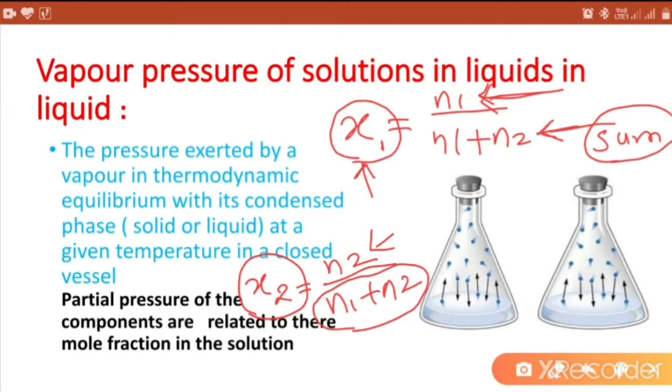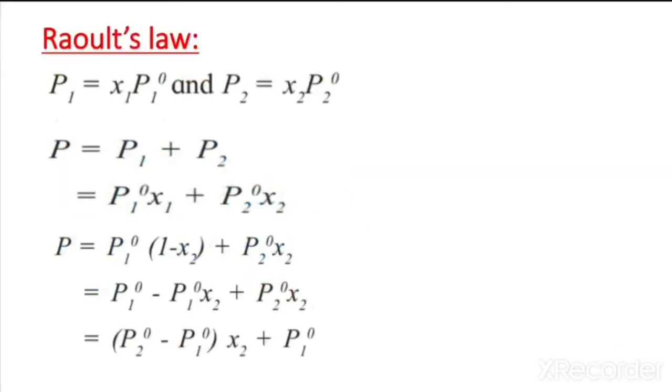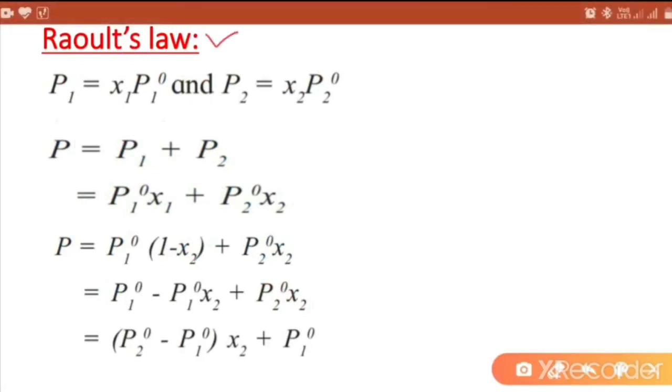And this relationship with the mole fraction is given by Raoult's law. Raoult's law states that the partial vapor pressure of any volatile component of a solution is equal to the vapor pressure of the pure component multiplied by its mole fraction.